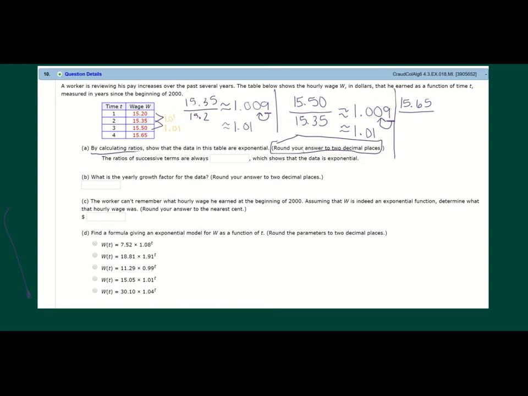So now I'm doing W of 4, 15.65, divided by W of 3, which is 15.50. Pop that into the calculator.